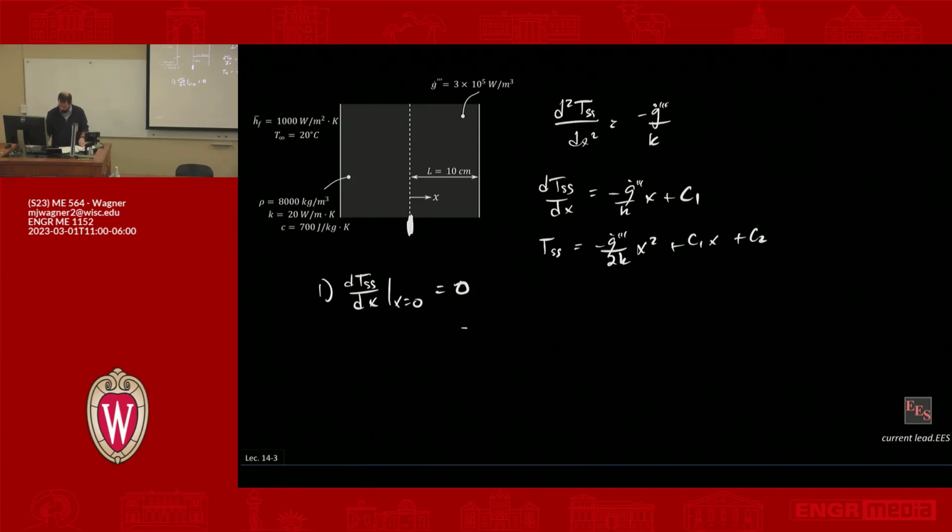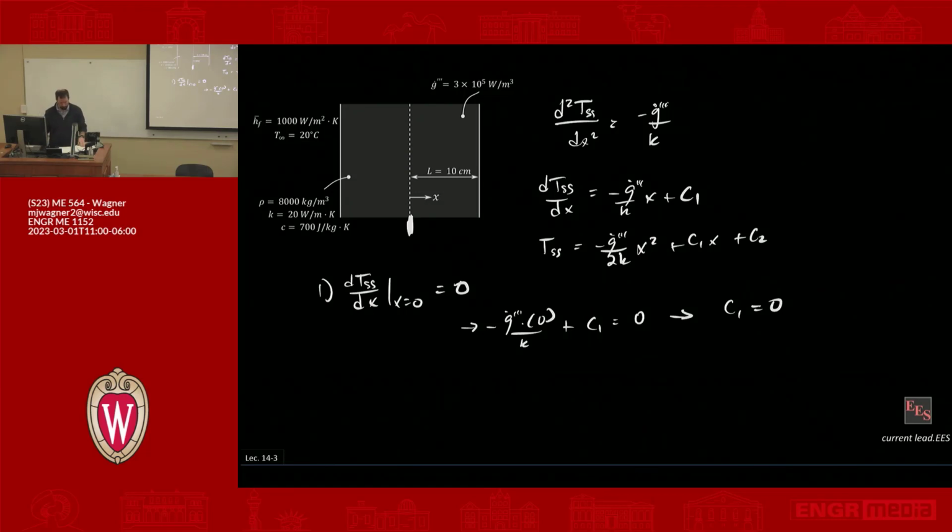So then that becomes minus g dot triple prime times 0 over k plus c1 equals 0. So we learn that c1 is equal to 0. That kind of makes sense, right? This is a linear term. So this problem's symmetric on both boundaries, we wouldn't expect there to be an underlying linear behavior. So c1 should be 0.